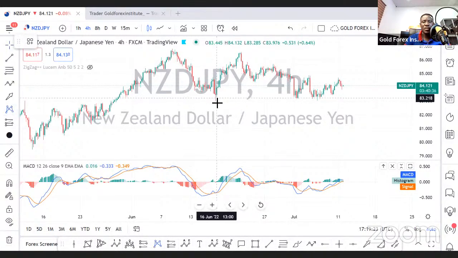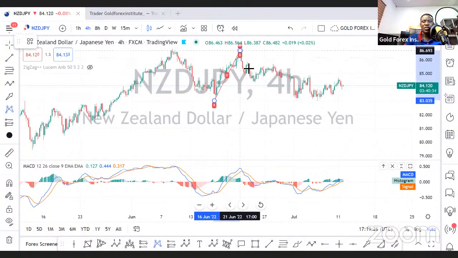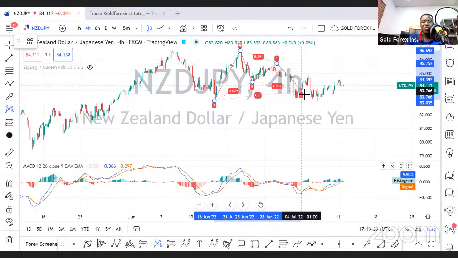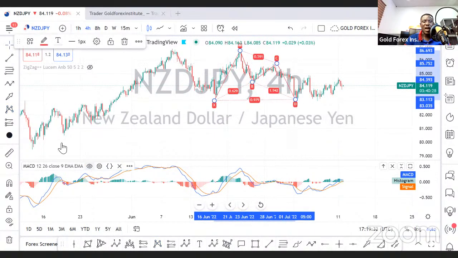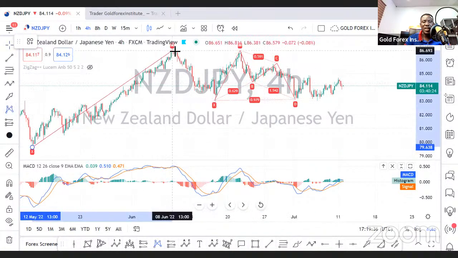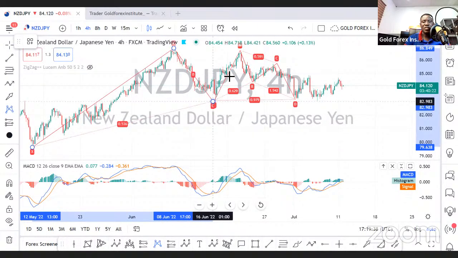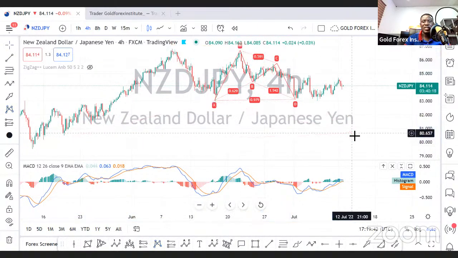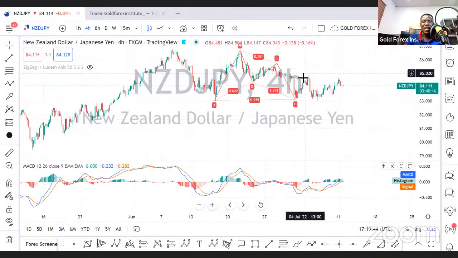You see, we had a bigger harmonic pattern as our goal, right? But how we get there, look at this. So this was our bigger harmonic pattern, right? At 88. But we had a smaller one.